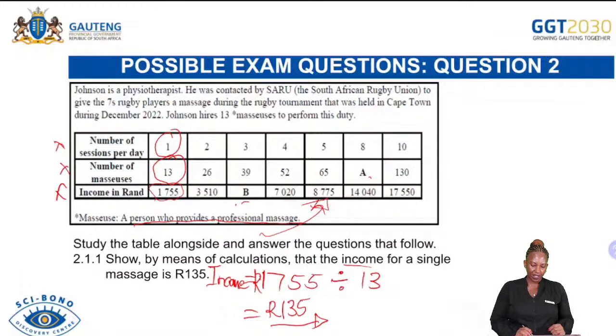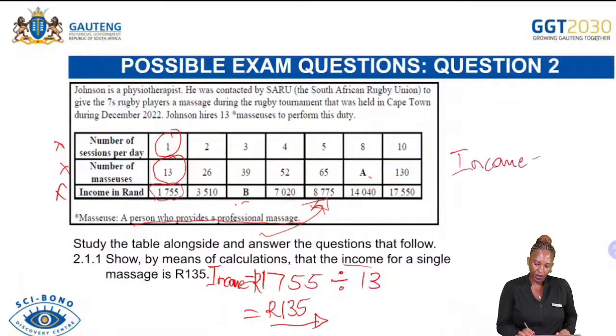1,755. So if I reverse and just want to check, I say income will be the single amount or price per massage multiplied by the number of massages, which is 13.